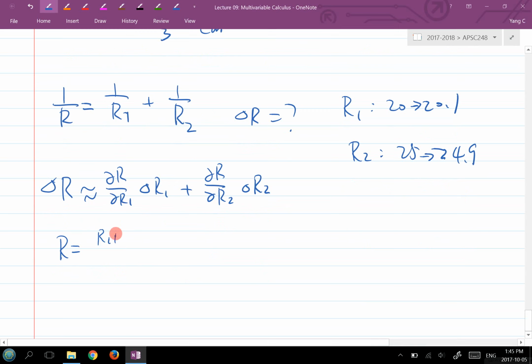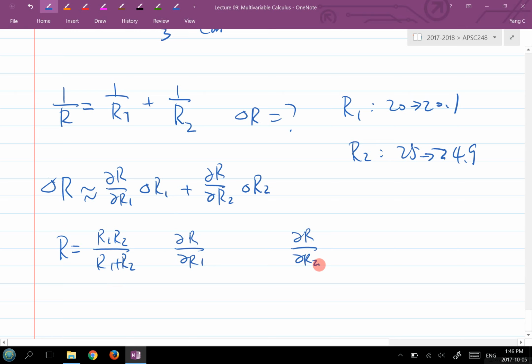Write down the R function as it is. This is your parallel connected resistors, the total resistance for the network of resistors. Then from here, you have two variables, R1 and R2. So now you can calculate partial R over partial R1 and partial R over partial R2.